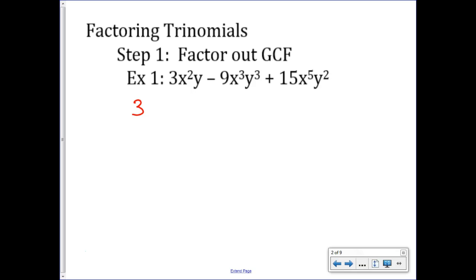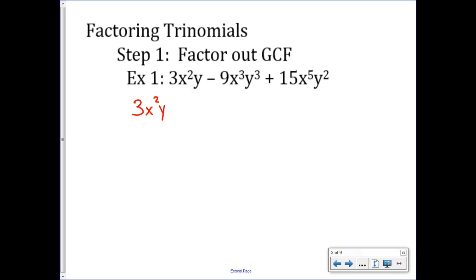If I look at the x's, I have 2 x's in the first, 3 x's in the second, and 5 x's in the third. So the largest thing I can take out is 2 x's, which we write as x times x, or x squared. I have 1 y in the first, 3 y's in the second, and 2 y's in the last one. So the largest thing I can take out is 1 y.